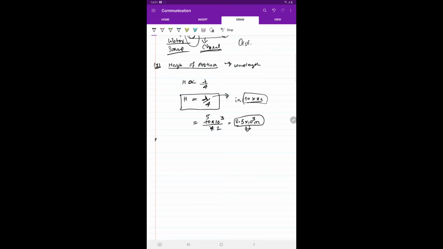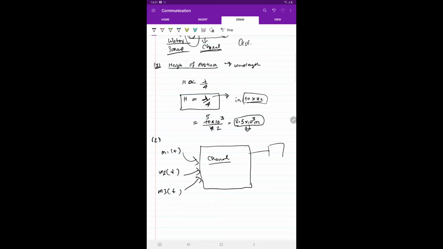And the second issue with sending without modulation: suppose this is the channel that we are having, and we have M1 message, M2 message, and M3 message, and we want to transmit them at the same time to RX1, RX2, RX3 through the same channel.